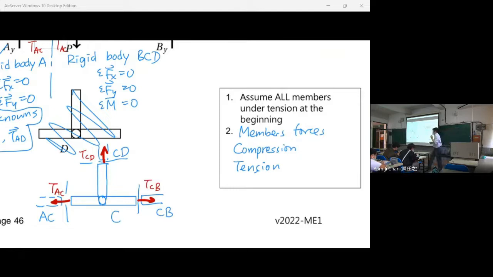But in working the problems, in doing your exercises, in doing your homework, you assume all members are under tension at the beginning.